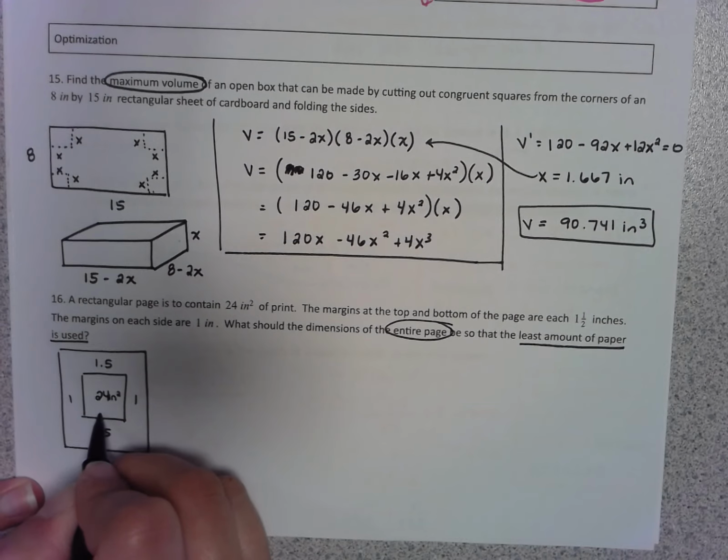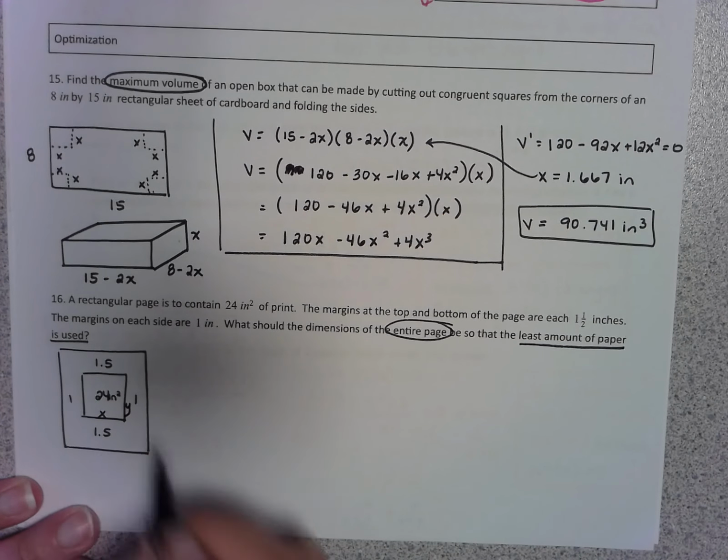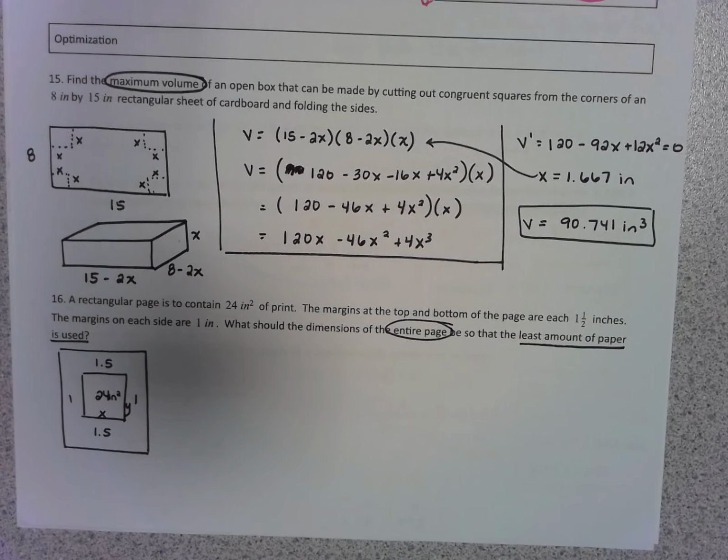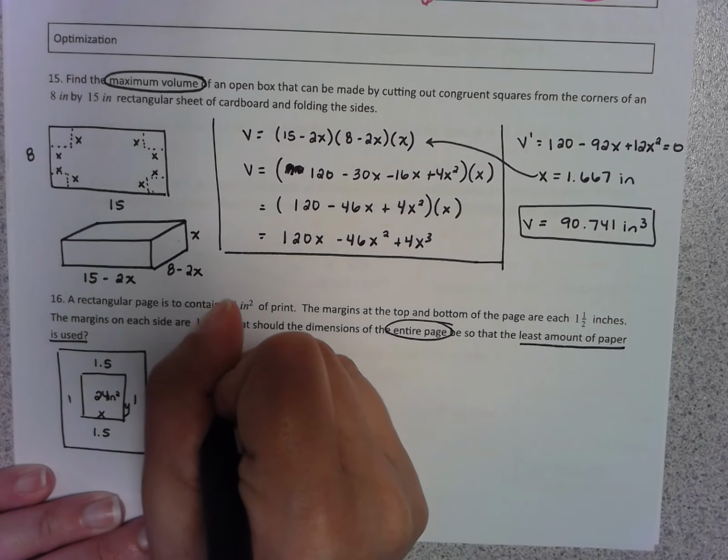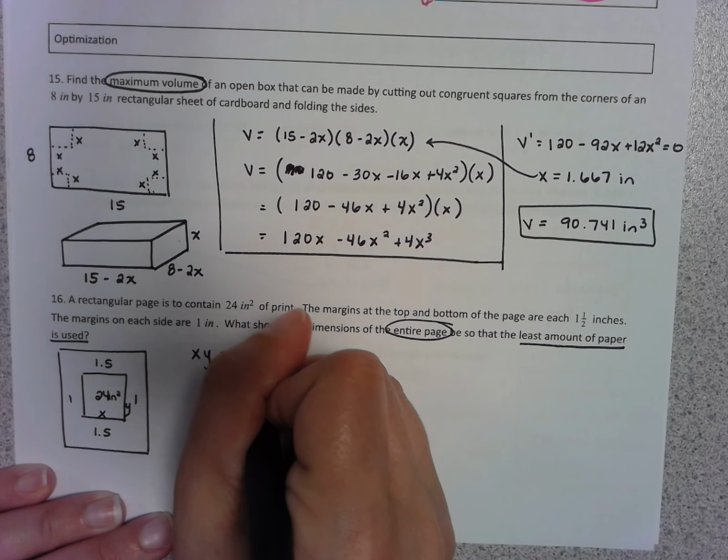Since we know the interior size, I always label that interior dimensions as X and Y. We don't know if it's 2 by 12 or 3 by 8 or 4 by 6, but we know the interior dimensions total have an area of 24. So I can say for sure that X times Y is 24.